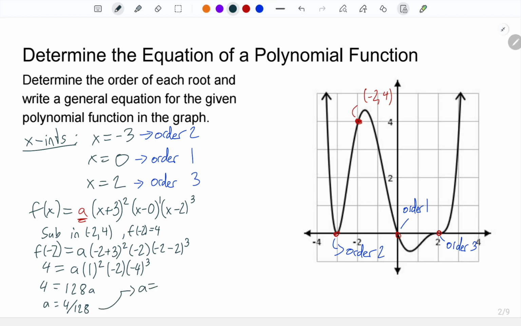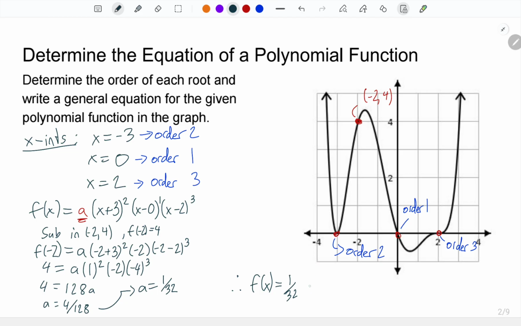That will mean a is equal to, and essentially the 128 will be able to divide by 4. We could have actually left it as 4 cubed. 4 over 4 cubed, the 4's cancel out. And this will become 1 over 32. So therefore, for f of x, we figured out that lead coefficient is 1/32.